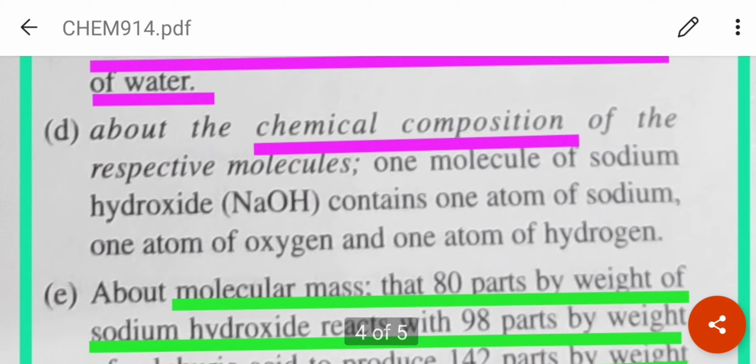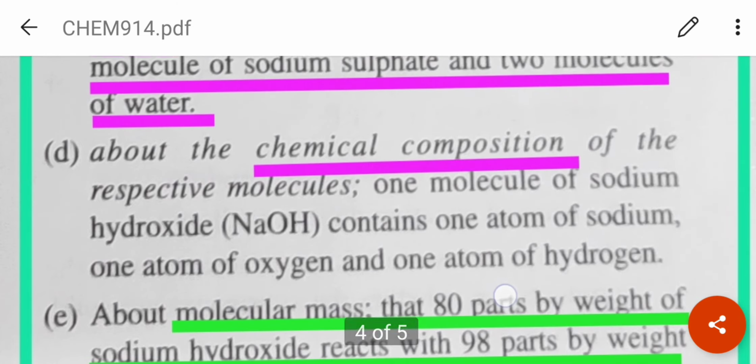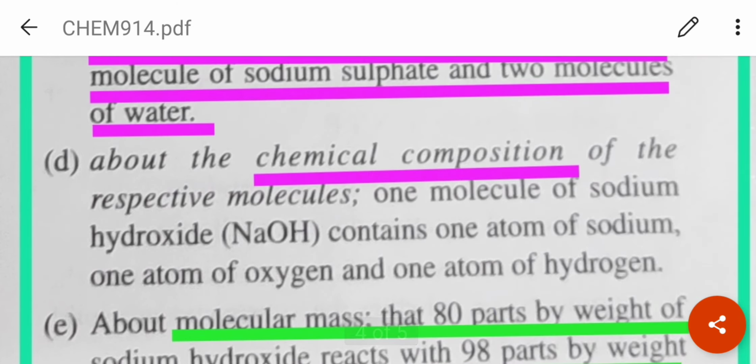It also tells us about the chemical composition of the respective molecules. 1 molecule of sodium hydroxide contains 1 atom of sodium, 1 atom of oxygen and 1 atom of hydrogen.